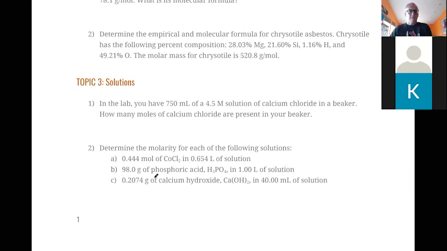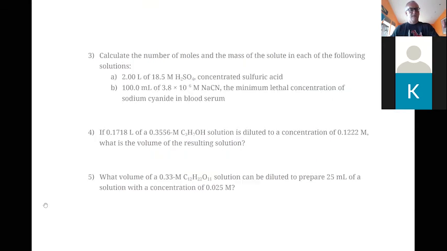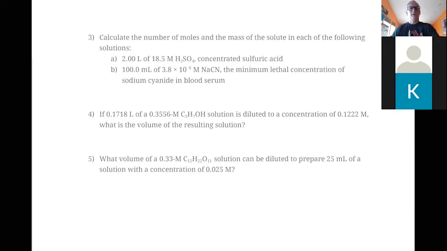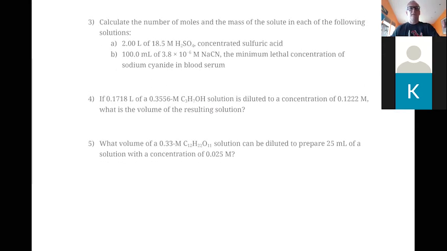All right, 2C. We got calcium hydroxide. Oh, we did that one together, didn't we? Did we do that one together? I think we did. So let's look at 3A, we got concentrated sulfuric acid, H2SO4. That's a strong acid. How many moles is that?